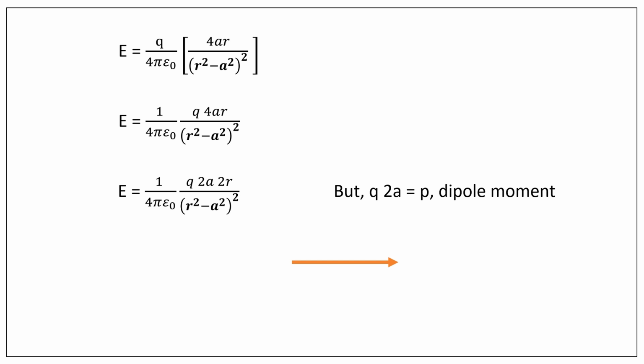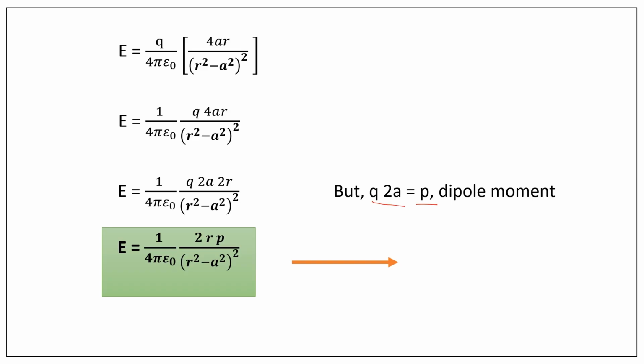Now the above equation can be written as E is equal to 1 by 4 pi epsilon naught into q 2a into 2r by (r square minus a square) whole square. But q 2a is equal to p, that is the dipole moment. On substituting p in the above equation, we get E is equal to 1 by 4 pi epsilon naught into 2rp by (r square minus a square) whole square.